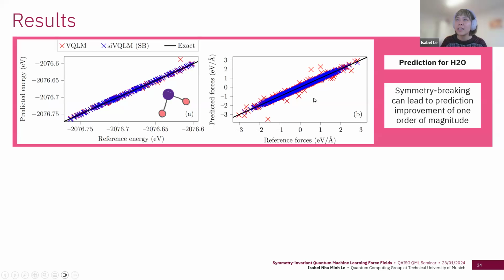So you can see here in the right panel the comparison of the predictions for the forces, and while the blue data, so this is what we get from our symmetry-aware model, lies perfectly on line with the reference forces, the generic model shows a little bit more variance, right? And again, we are in the end interested in these forces, so this is a good result for the setting of molecular dynamics.